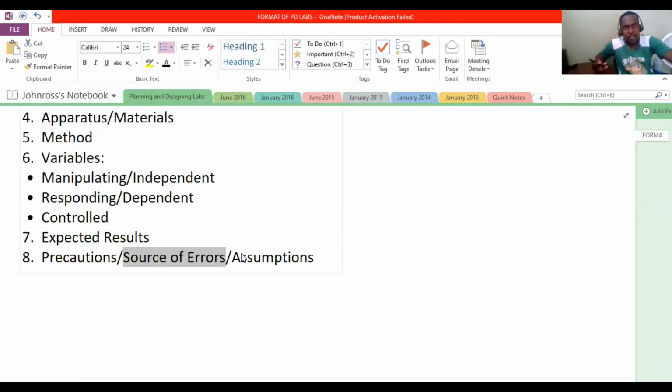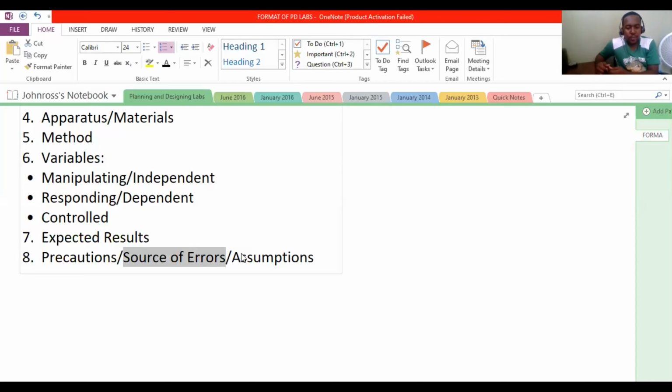So let's look at an example. So let's look at table salt. If you want to do an experiment with table salt, and let's say you're doing solubility of table salt at different temperatures.